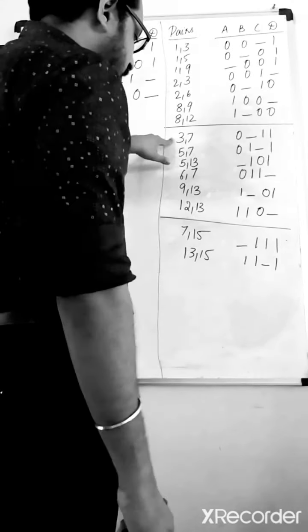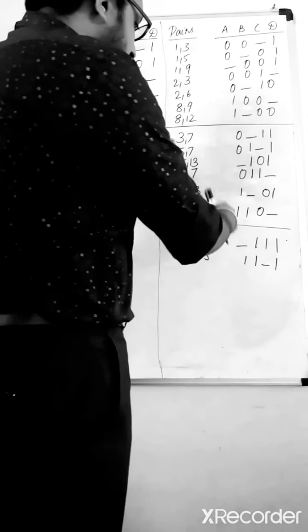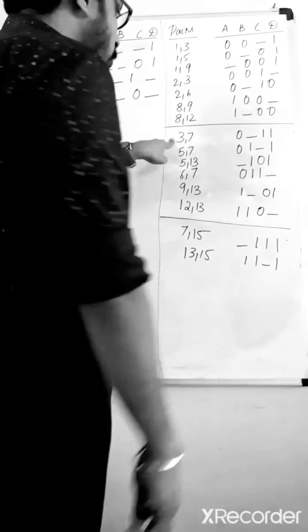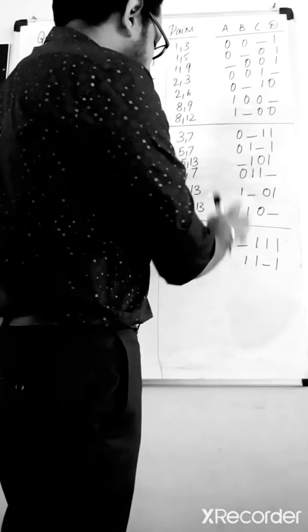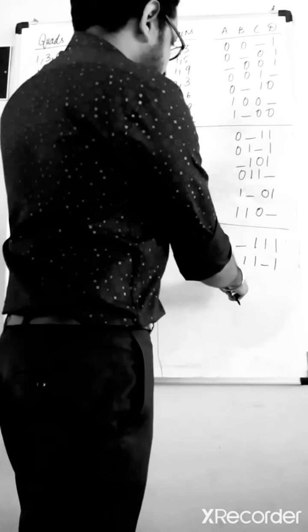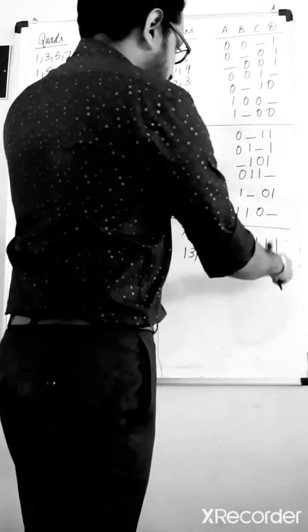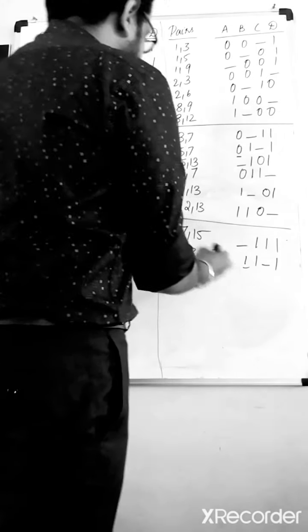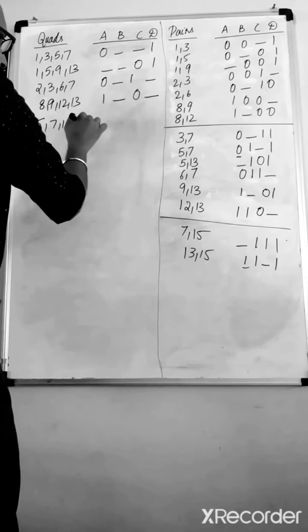Okay. 3 7 with 7 15, not possible. With 13 15, not possible. 5 7 compared with 7 15, we can't take it. 5 7 and 13 15: 5 7, one bit change. We write 5 7 13 15.